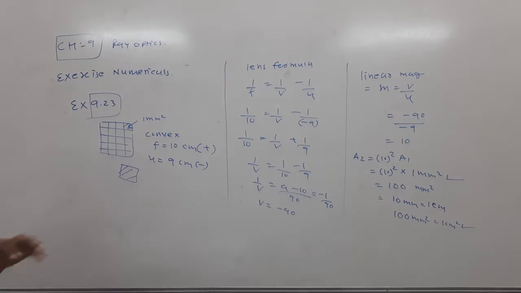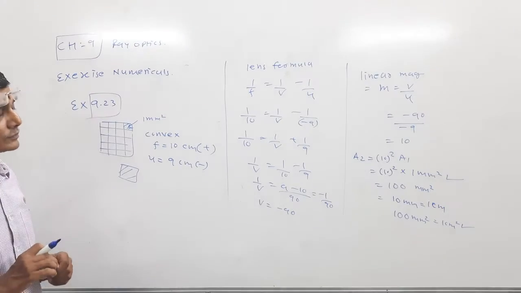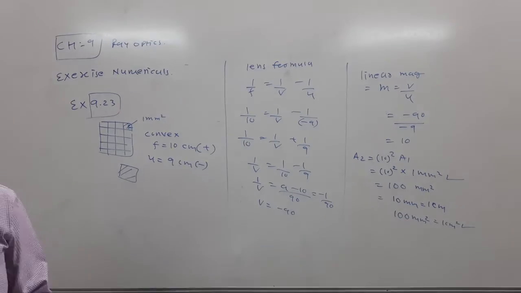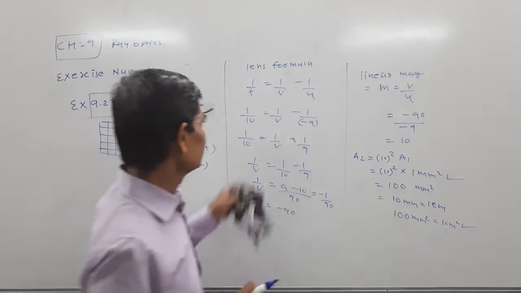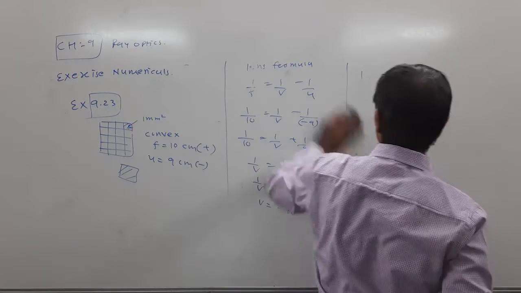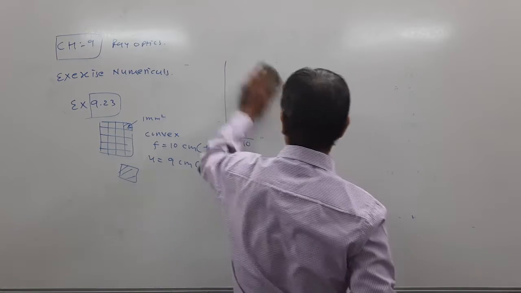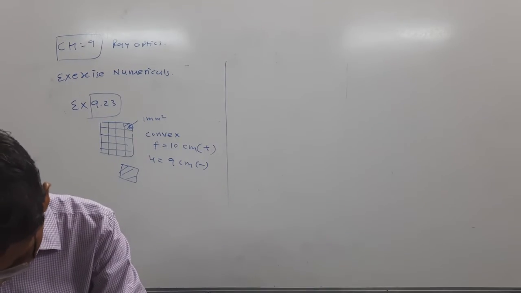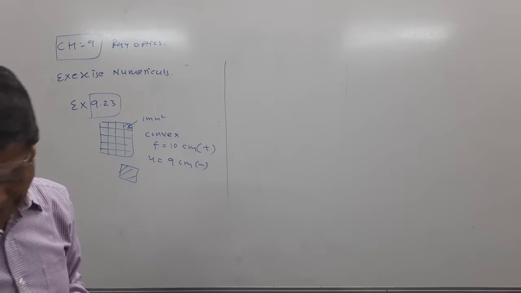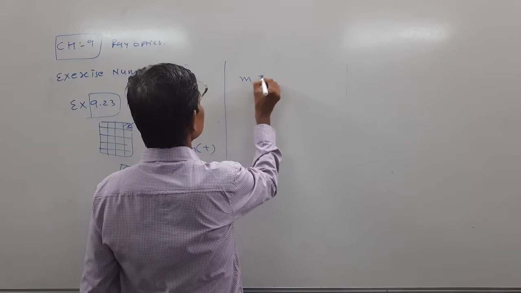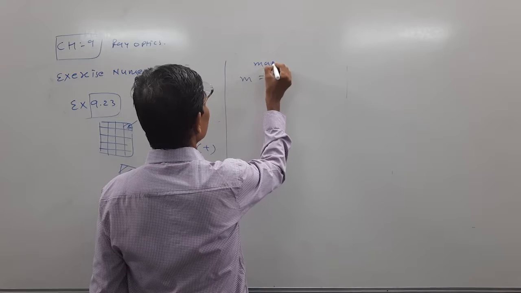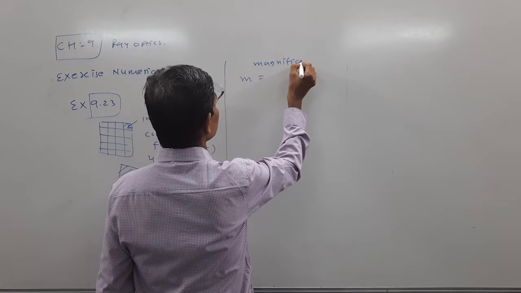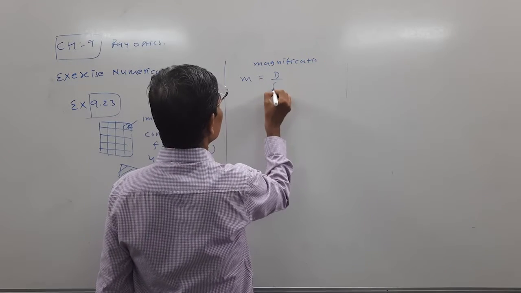Now what about the angular magnification or the magnification power? Here we have to obtain the magnification power also. Magnification power, or angular magnification, is d by f.